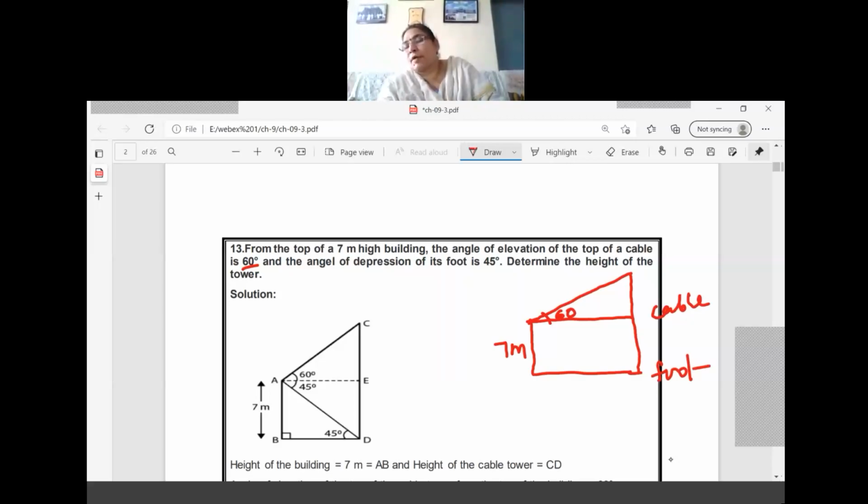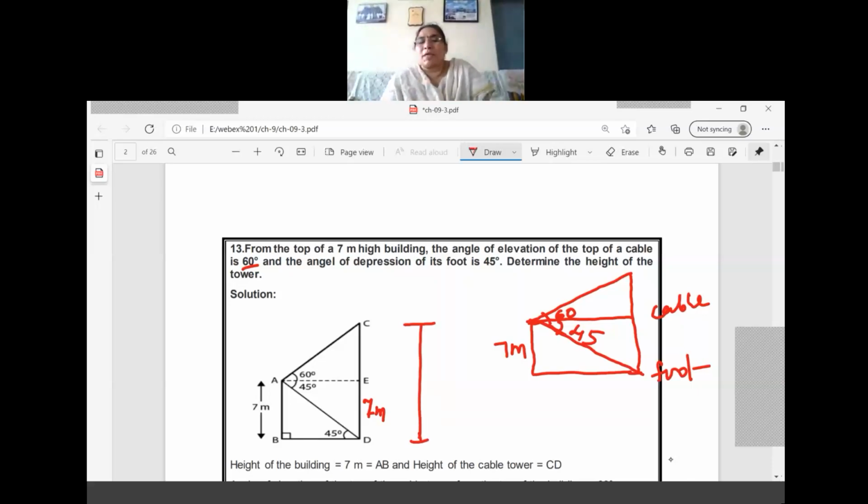Depression means downward we have to go, so the line of sight is here. So from this horizontal line of sight, it is 45 degrees. Understood? I'm explaining the same diagram once again. Now tell me, if it is 7 meters, what about this also? This is also 7 meters only. Now the height of this cable tower is equal to CD.